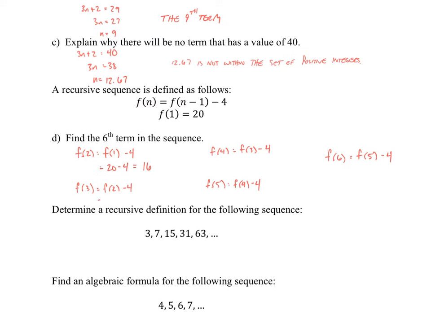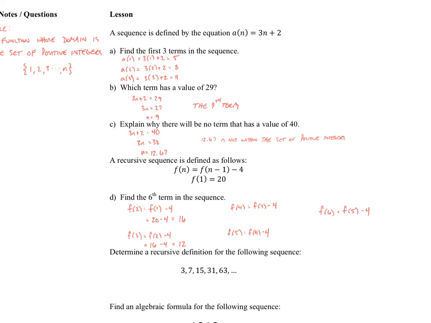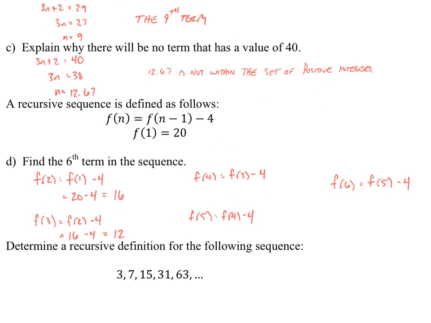Now that I know f of 2 is 16, I can plug in 16 for f of 2. And now that I know f of 3 is 12, I can keep doing this. So I'll go to f of 4. We know that f of 3 is 12, so I'm going to take away 4, and now I have 8, which means that f of 5 is 8 minus 4, which means that f of 6 is 4 minus 4.